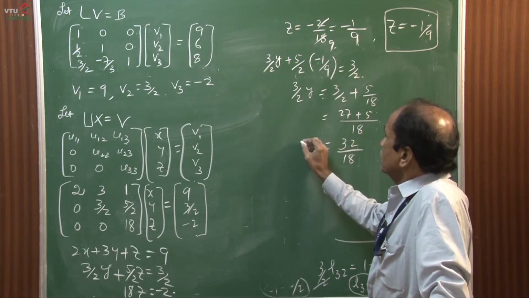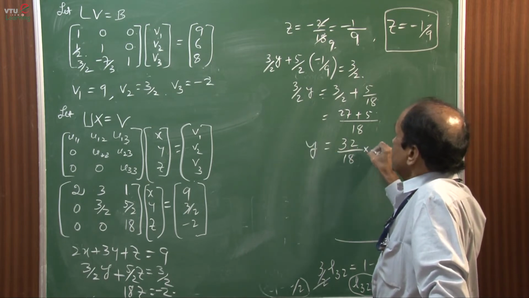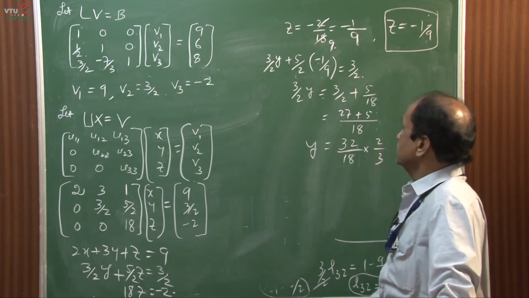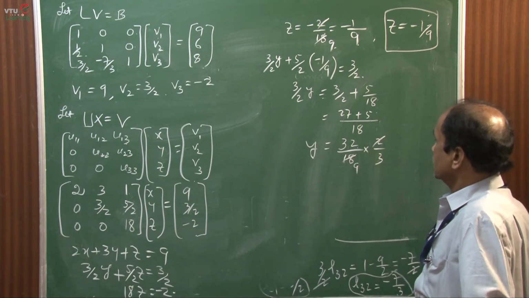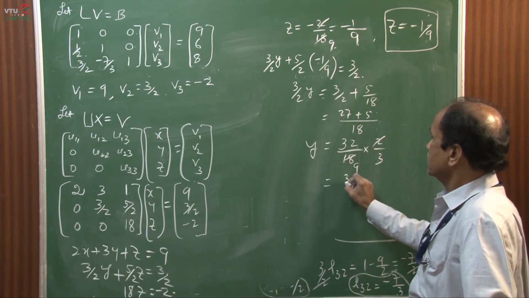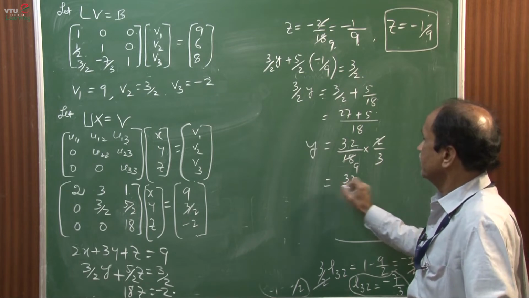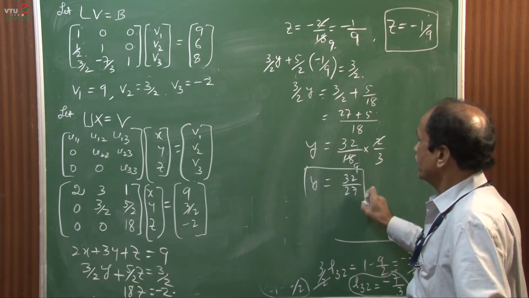Here y is equal to into 2 by 3, 2 9s are 18, correct? Then that is 32 by 27 is the value of y.